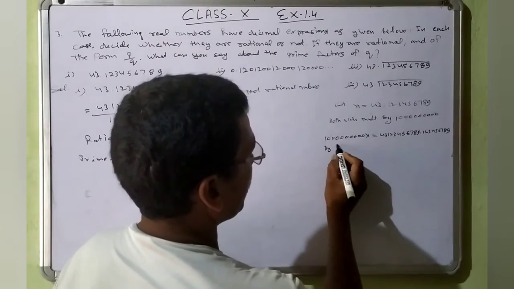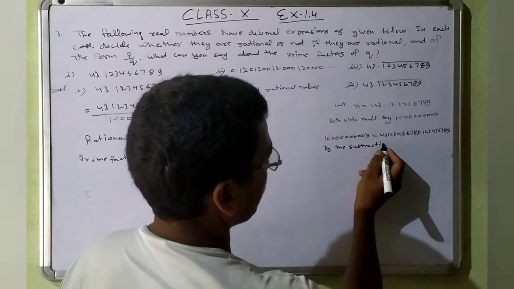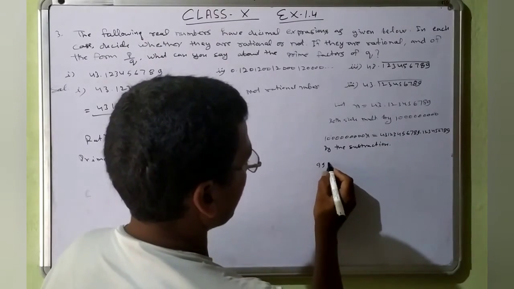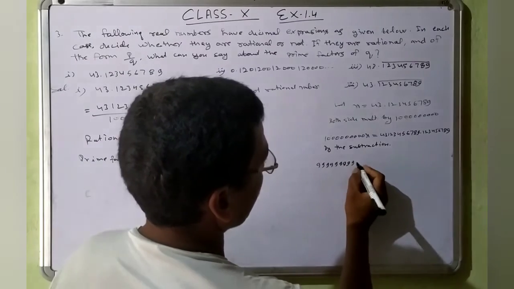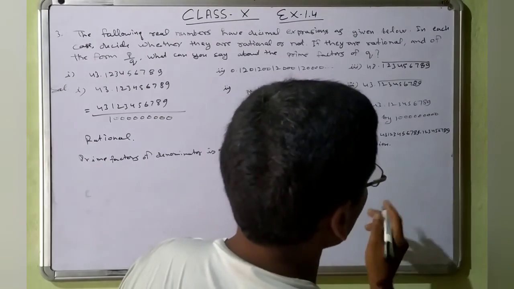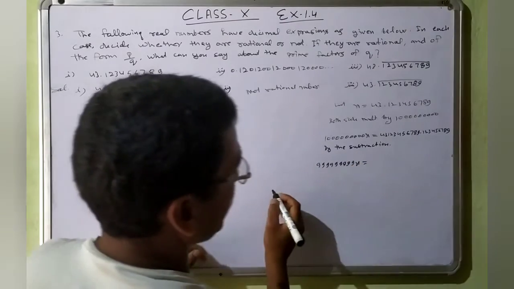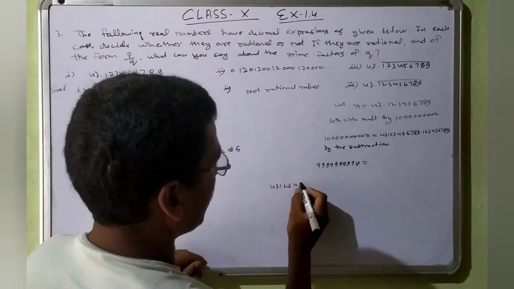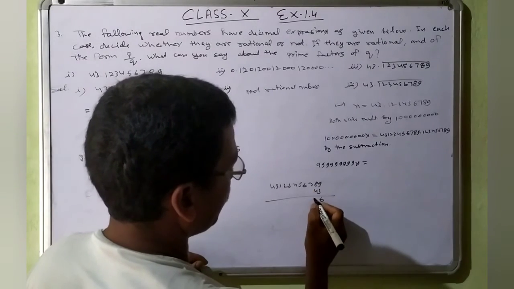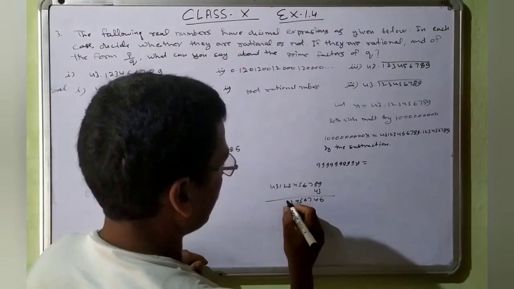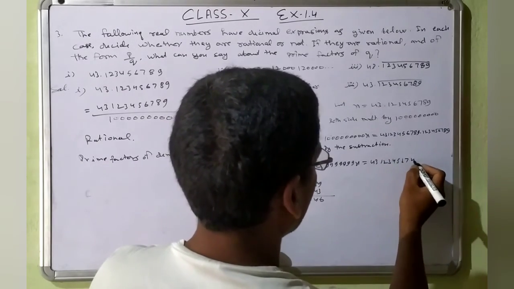By subtraction, that will become 999999999x equals 43123456789 minus 43123456789's... we subtract the numbers: 9 less 3, 6, 8 less 4, 4, and so on, which gives 43123456746.